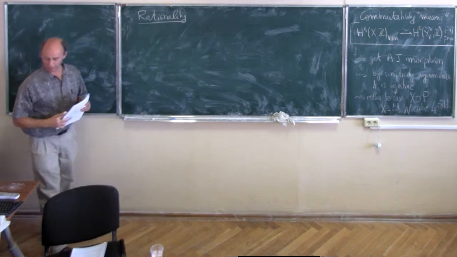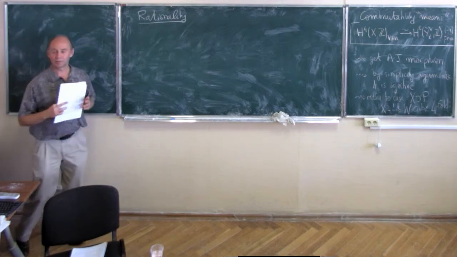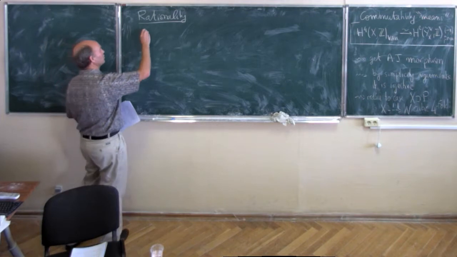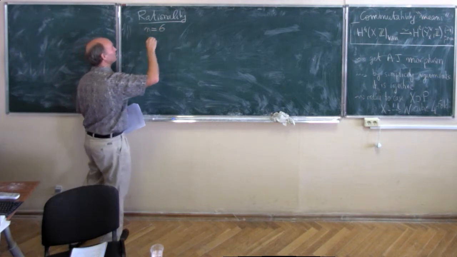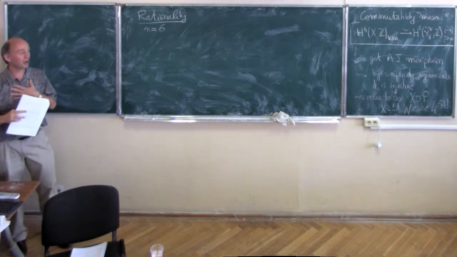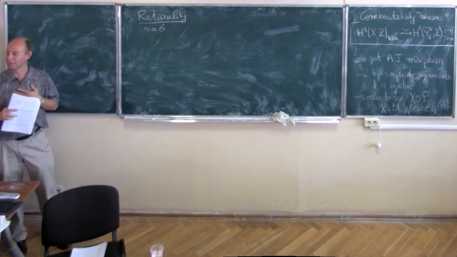So just for fun, let me write down what is known in all dimensions. When n is equal to 6, I don't think the Mukai sixfolds are probably rational, but I don't think anybody ever bothered to think about it.